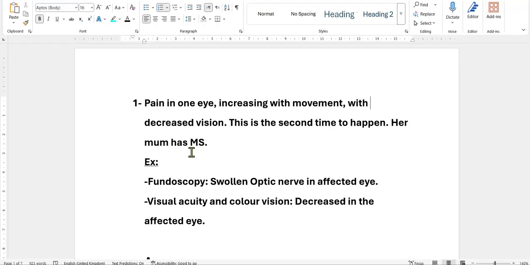She doesn't know what is the relationship between optic neuritis and multiple sclerosis. If I were a patient, if the doctor is telling me, because of the symptoms that you have and because your mom has multiple sclerosis, then you have multiple sclerosis, right? Yeah. Okay, so make it logical.